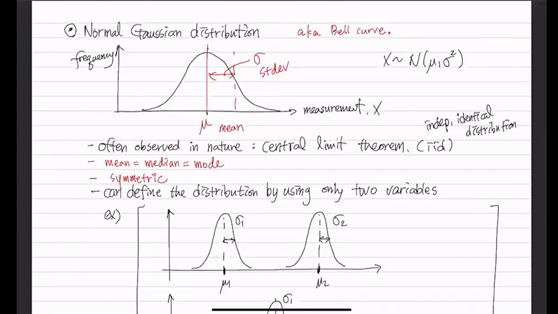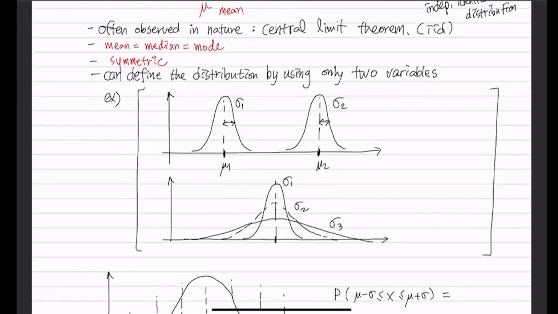And like I just said, you can define the distribution by using only two variables, mu and sigma.